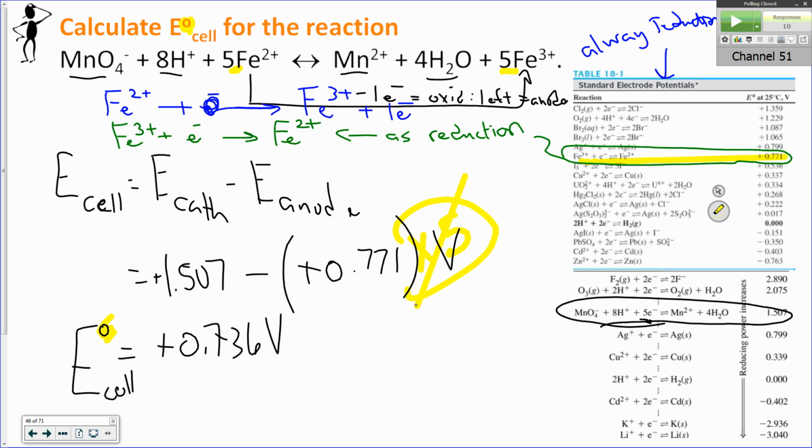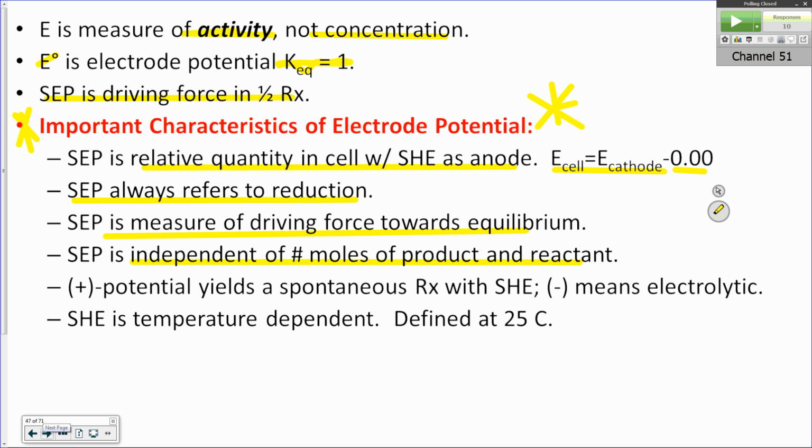So it's independent of the number of moles of the substance being oxidized. So don't do that. If it's positive, it's spontaneous with respect to a SHE. If it's negative, it means that it's electrolytic with respect to a SHE.